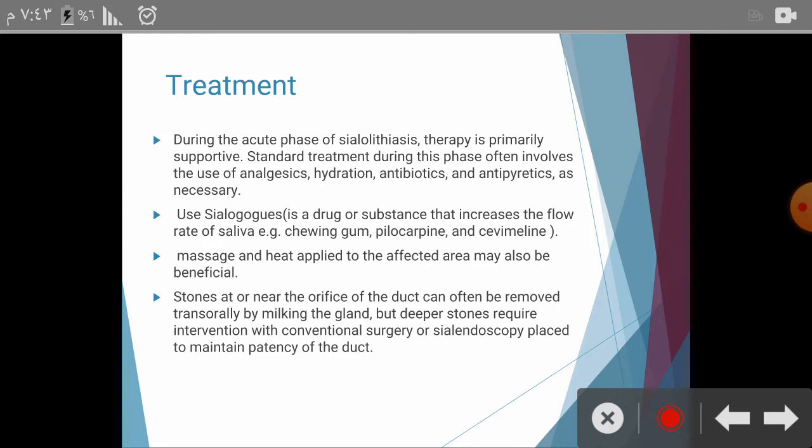Using sialagogue drugs or substances that increase the flow of saliva, like chewing gum or medication like pilocarpine or cevimeline. Massage and heat application to the affected area may also be beneficial, and for a stone near the orifice, milking of the gland can be done.